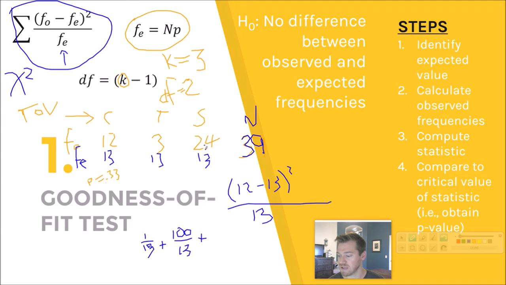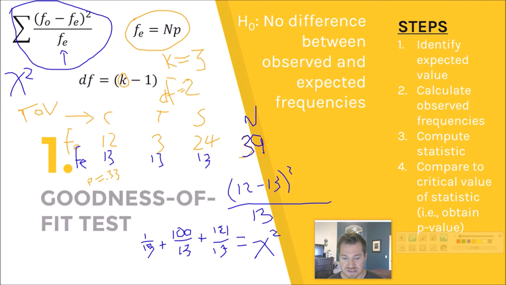Then we would have the last one, 11, because observed 24 minus 13 is 11, squared is 121. So we got 121 over 13. And when we solve that and get the answer, that is going to be our chi-square statistic.